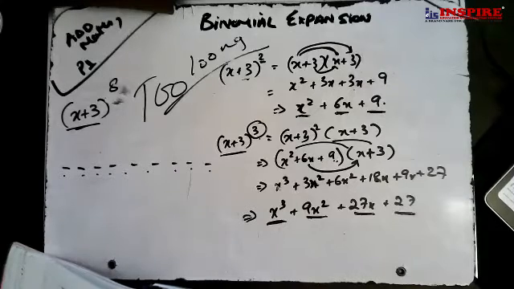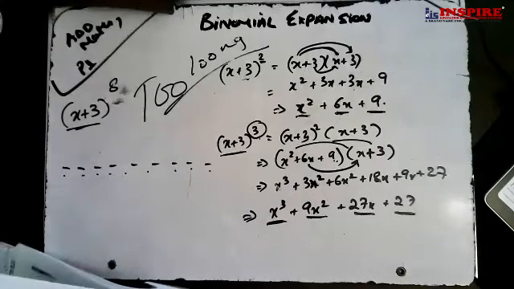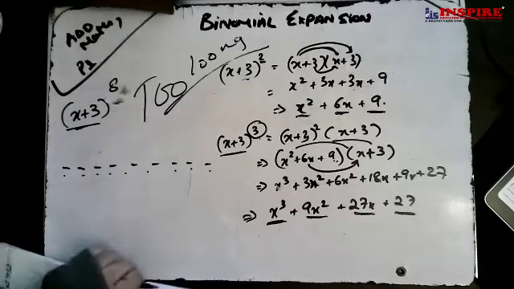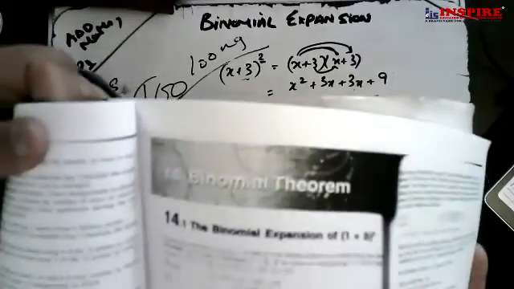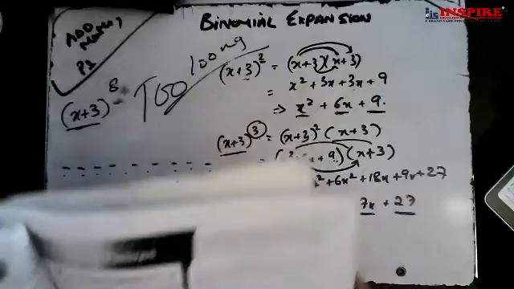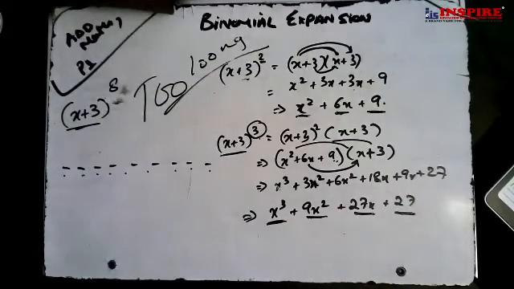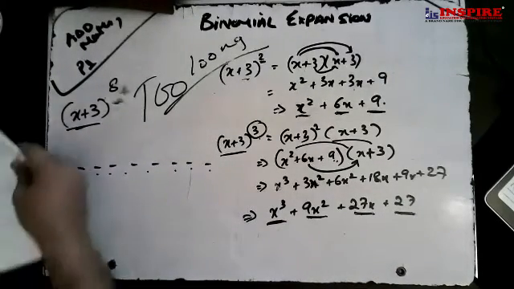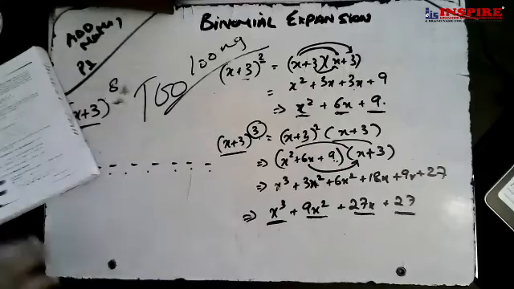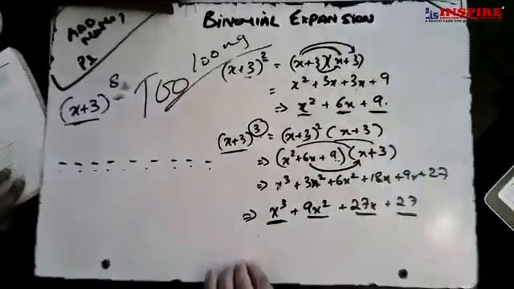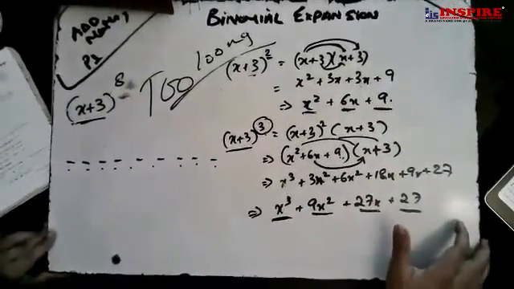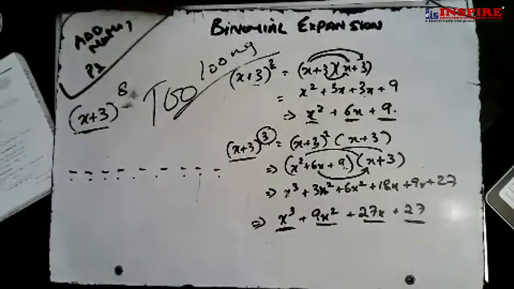I hope you know we are doing chapter number 14 of the old advanced book, page number 314 of your advanced book. And there is a pyramid way of doing it, but I don't like it, and I'm not going to be teaching it.